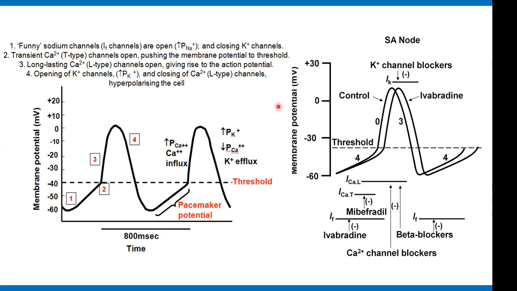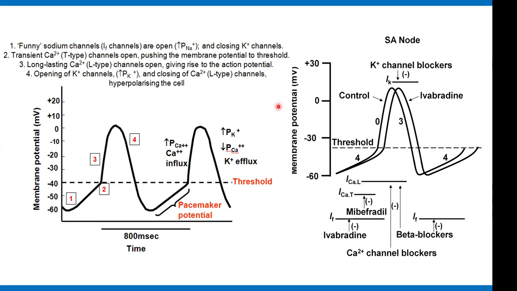And that is the mechanism of action of the medication ivabradine. Ivabradine inhibits the IF channels, which leads to slowing down of the heart rate, because that is the pacemaker of the heart.